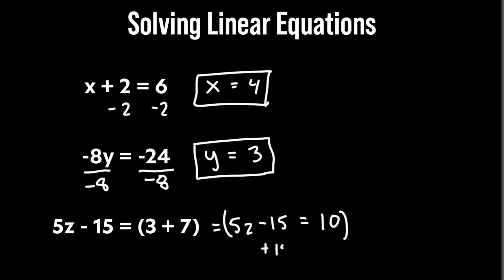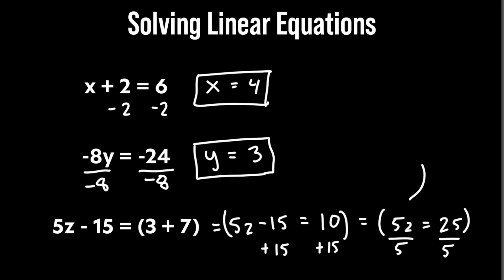So plus 15 and plus 15. And we will get 5z is equal to 25. Now we can divide by 5 on both sides, and we'll get z isolated. z is equal to 5. And that is our answer.